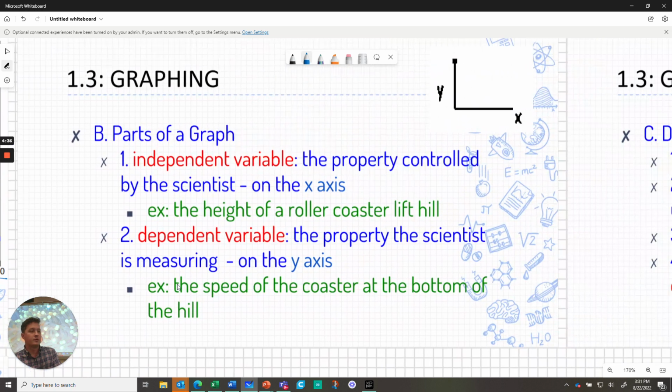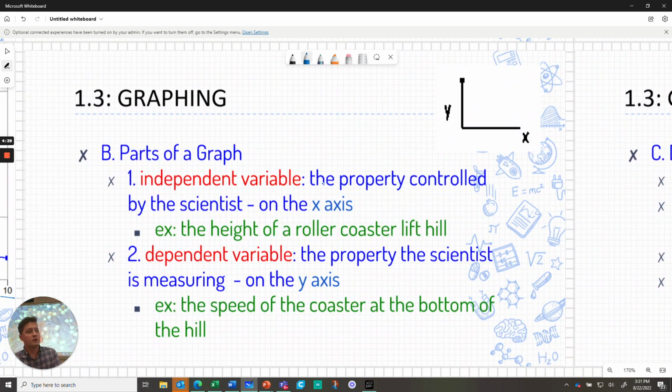An easy way to remember that is by saying I change the independent variable, the IV. I change the IV. I is in the experiments for the scientists. Dependent variable is the thing that you measure. It is the outcome.